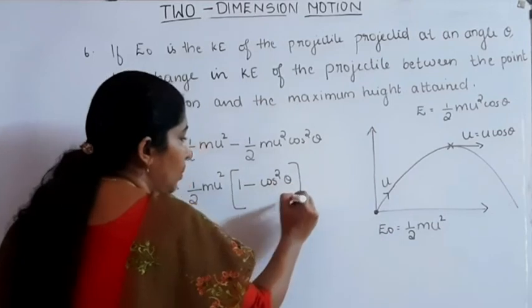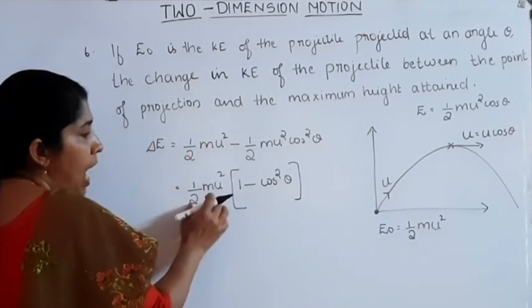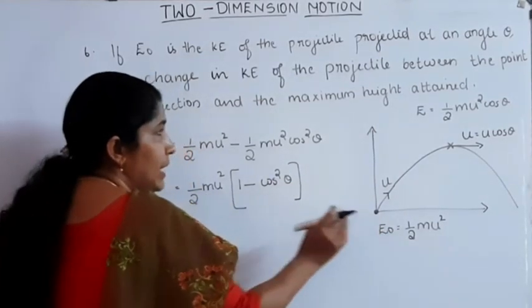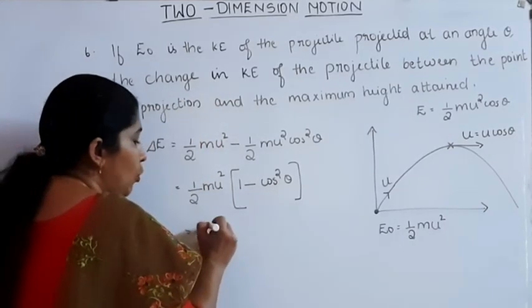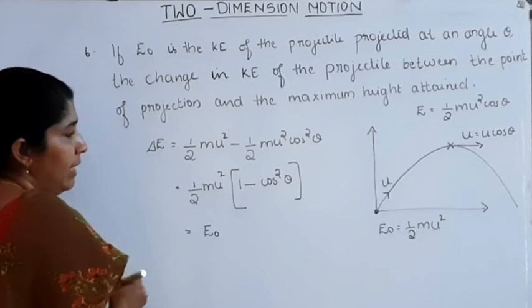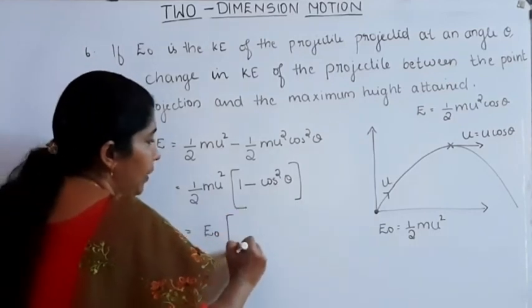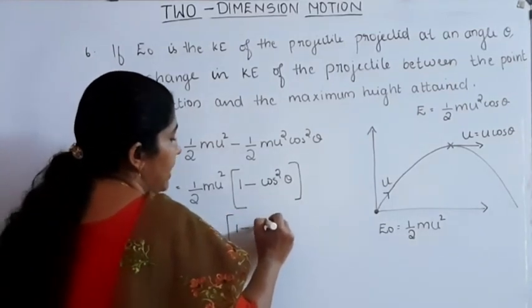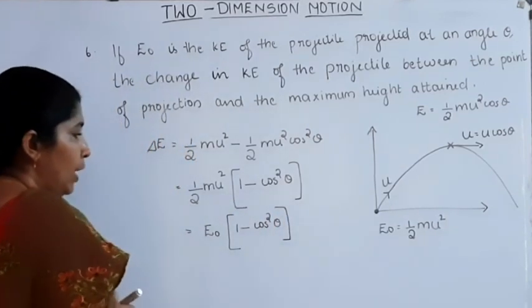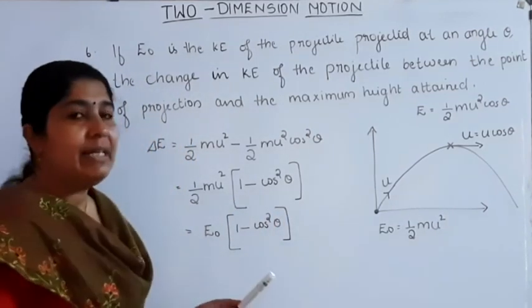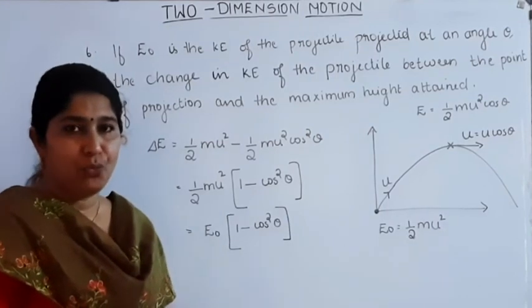Half mu square is equal to E0, the initial kinetic energy at the time of projection, into 1 minus cos square theta. What is 1 minus cos square theta? We know that sin square theta plus cos square theta is equal to 1.